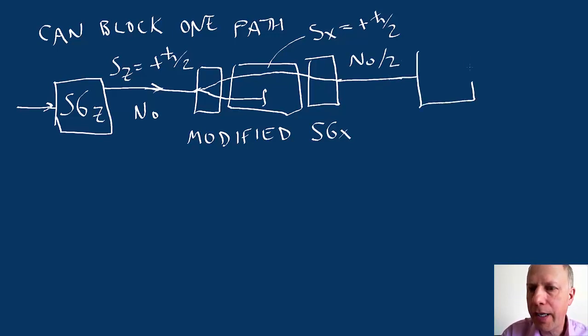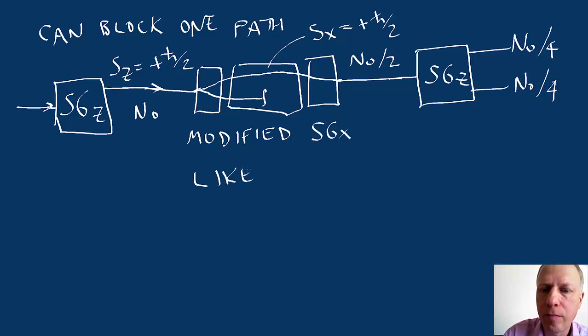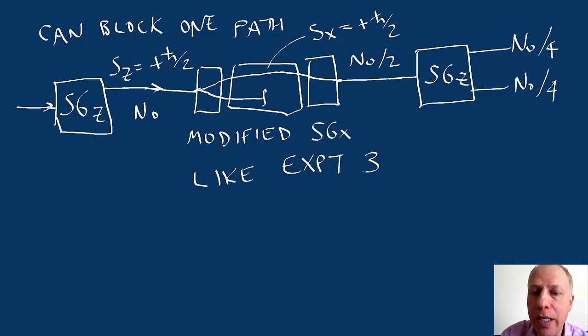And if I send that into an SGZ device, I would get a 50-50 split on the outputs, because this setup is just like experiment 3. In experiment 3, I use an ordinary SGX device and ignore the particles with Sx equals minus h bar over 2 and took the ones with Sx equals plus h bar over 2 and sent them into the second SGZ device.